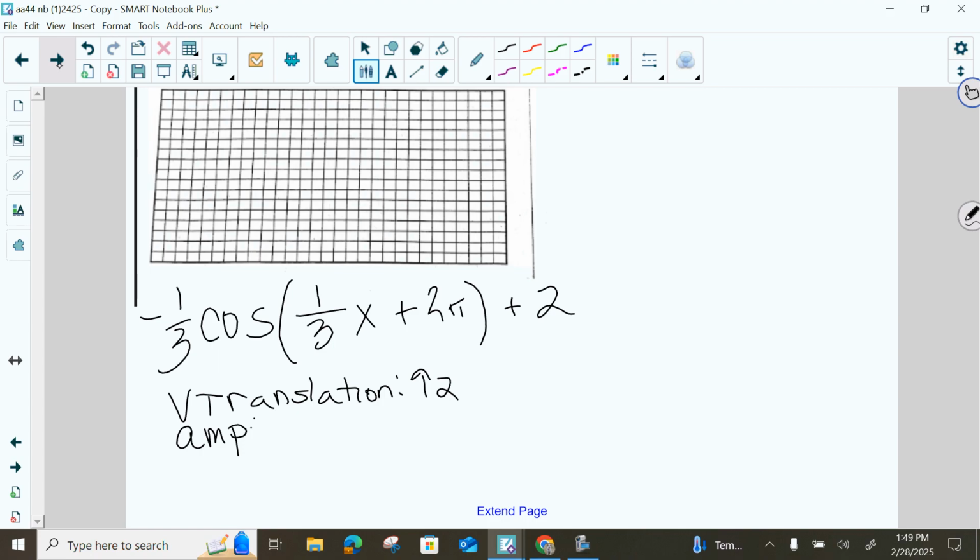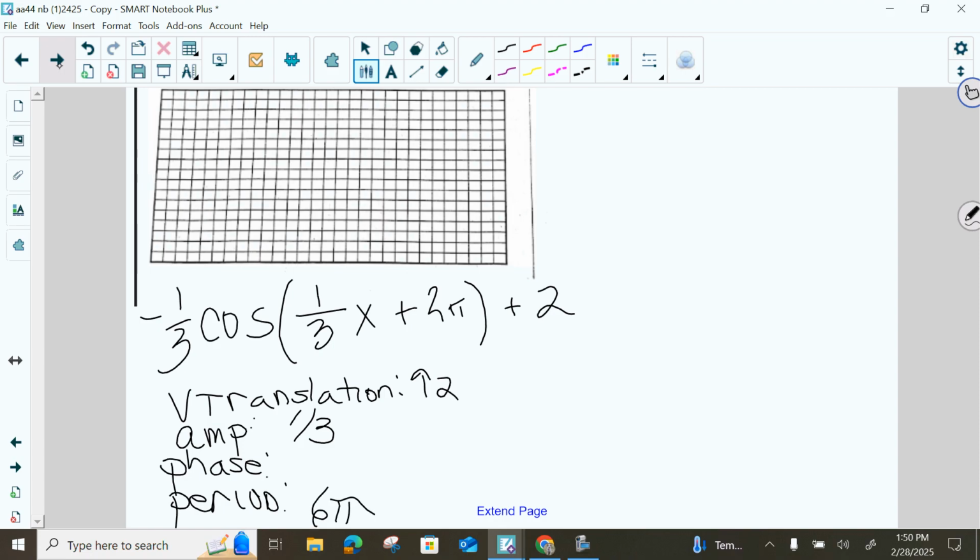Amp is always positive, so 1/3. Phase is a little tougher. I think period is easier than that. Period, 2 pi over b. 2 pi over 1/3, 6 pi.